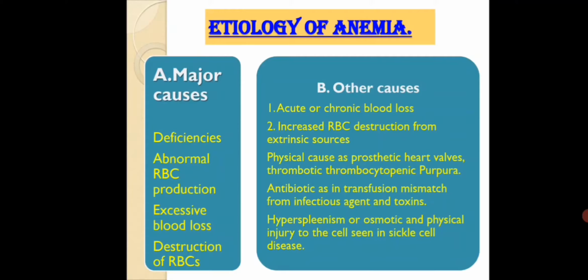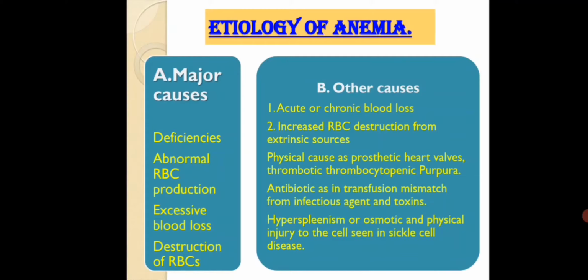So there will be some bleeding disorders which lead to a decrease in RBC level. Maybe a problem with coagulation. Next are the antibiotics. There are some infectious agents or formation of toxins which lead to rupture of the RBC or destruction of RBCs.